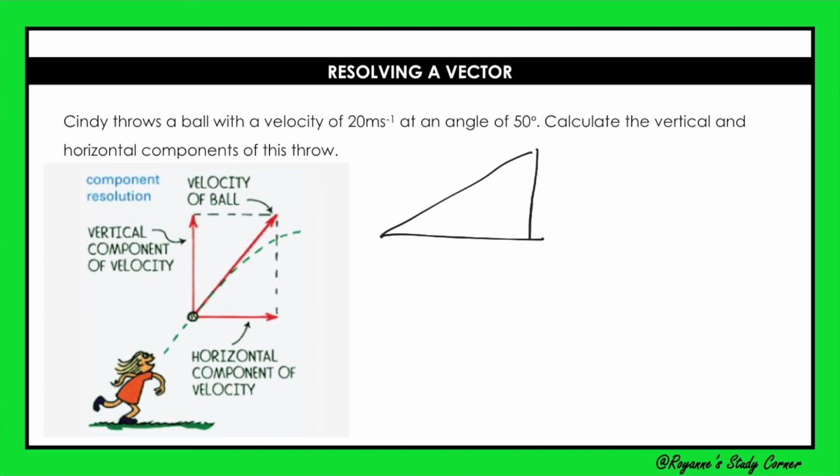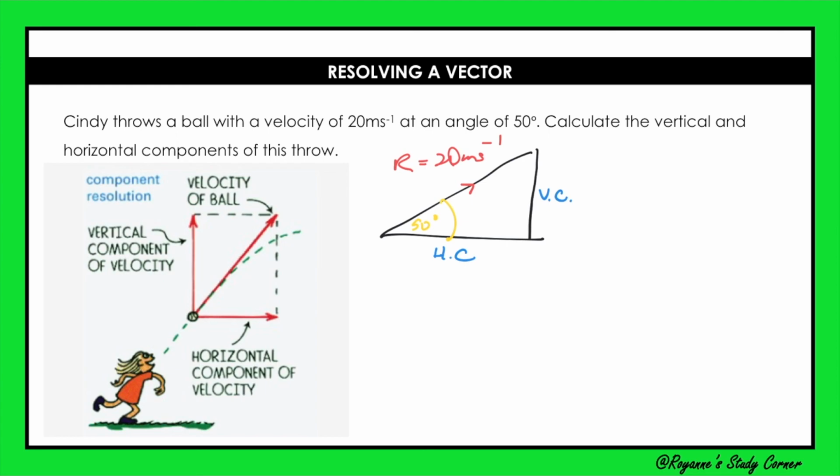The velocity that Cindy throws the ball with is here, and that's the resultant. I'm just putting F, but really let me put R just to switch things up, plus I prefer to see R as the resultant anyway. Our angle here is 50 degrees, and they want us to find the vertical component and the horizontal component.